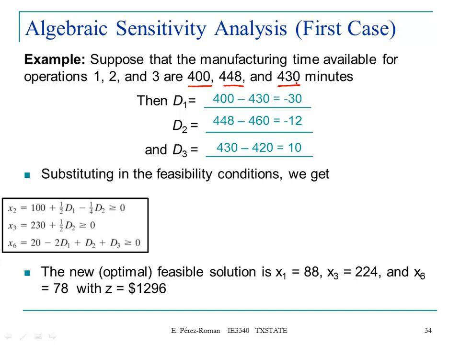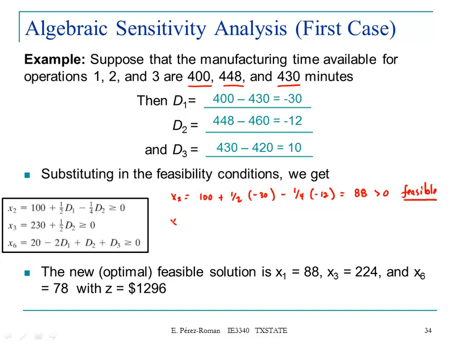If we substitute those numbers into the feasibility conditions, we get x2 equals 100 plus 1/2 times minus 30 minus 1/4 times minus 12. That equals 88, and that's greater than 0, which means that is feasible.